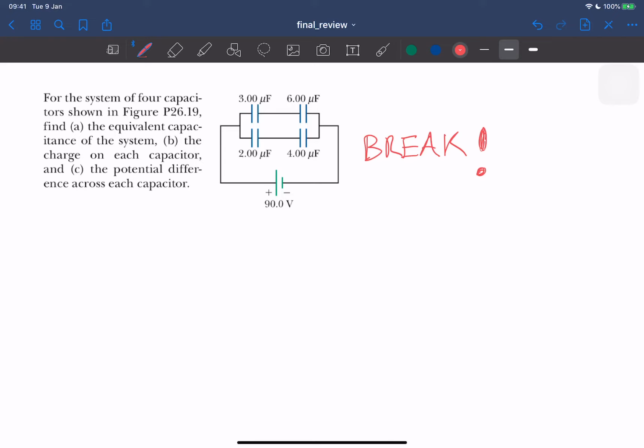All right guys, let's continue. In this problem, there's one formula that you really need to remember, which is the definition of the capacitance.